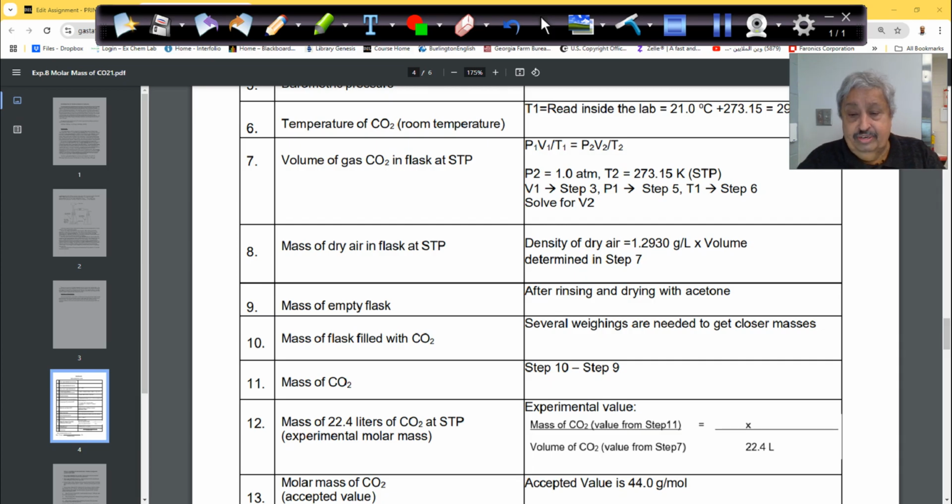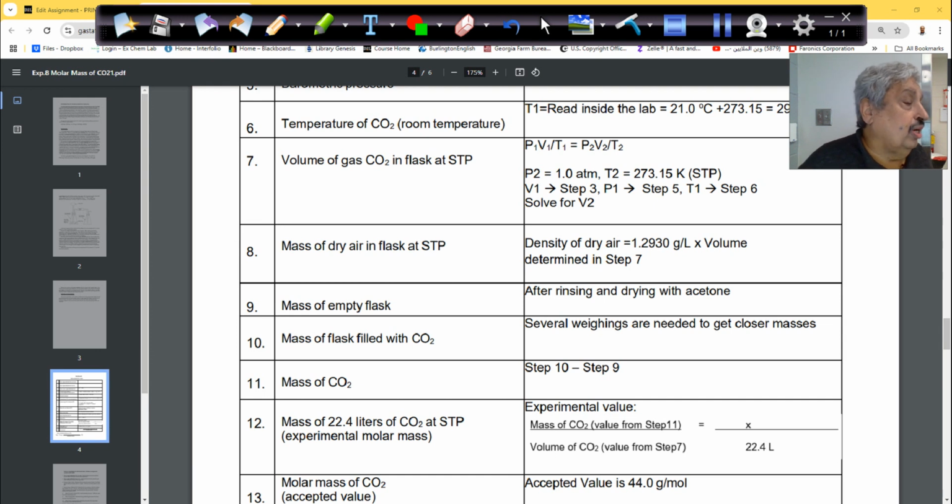So then you have several weighings needed to get the closer masses, correct? Then mass of CO2, step 10 minus step 9, and then here 12 is mass of CO2 from step 11, volume from step 11 times 22.4 liter.